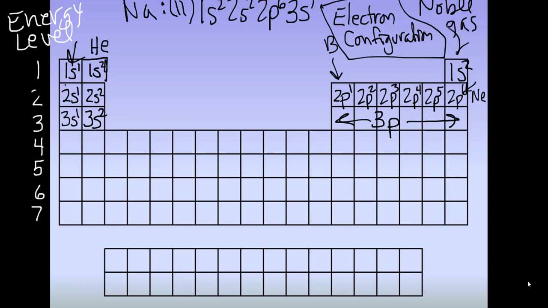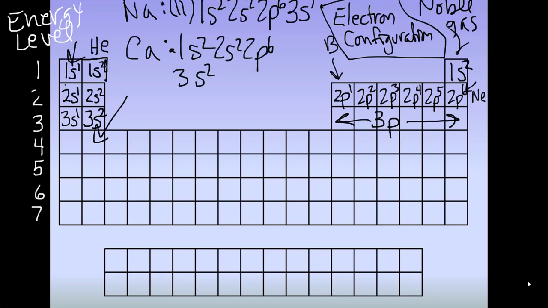Okay. All right, so let's come all the way to calcium right here. So calcium right here, we could quickly write its electron configuration. 1s2, 2s2, 2p6, 3s2, 3p6, and then 4s2.